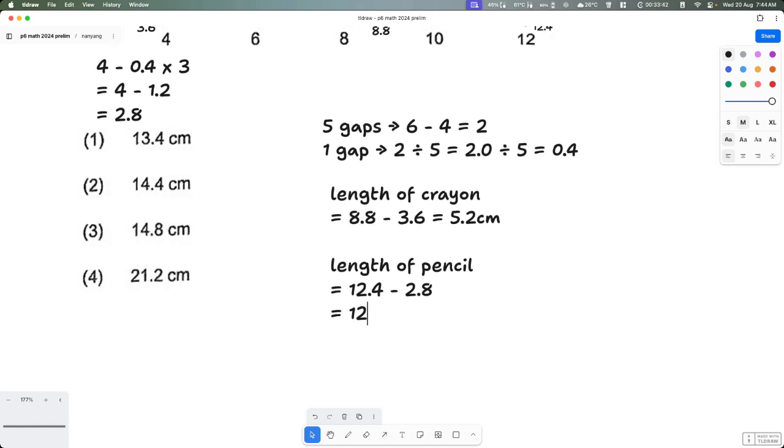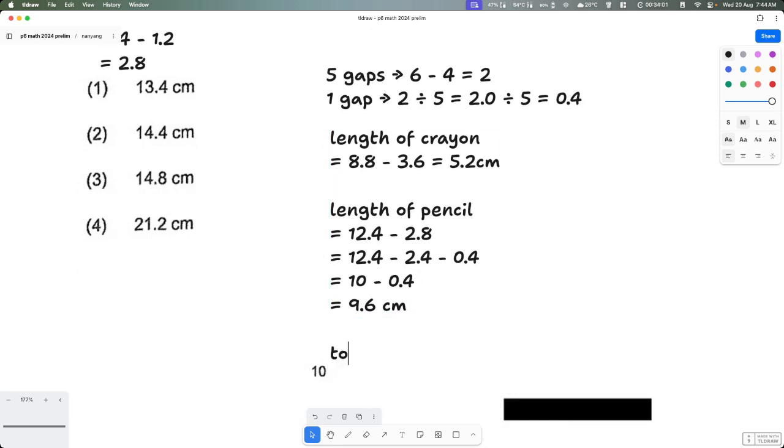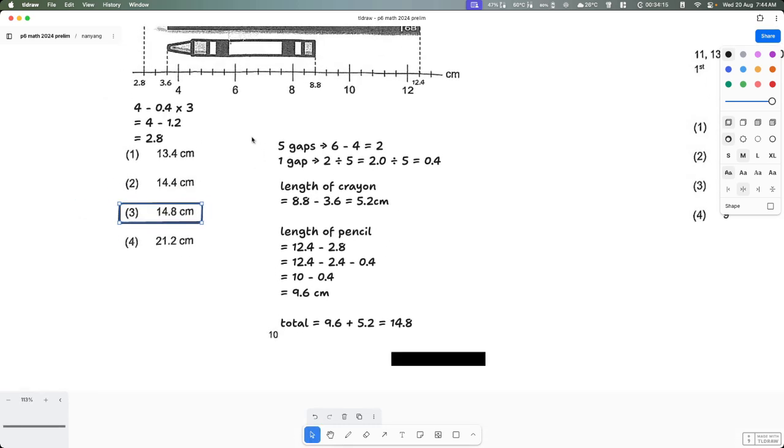Okay, so that means just 12.4 minus 2.4 minus 0.4. Then this will give us 10 minus 0.4, which is 9.6 centimeters. So then we get the total length, right? So total is equal to 9.6 plus 5.2, which is equal to 14.8. So that means the answer to this is option number 3. There you go. All right, that's it.